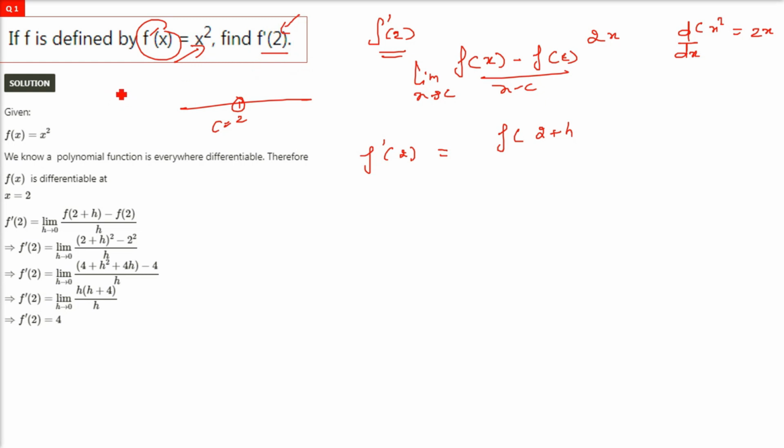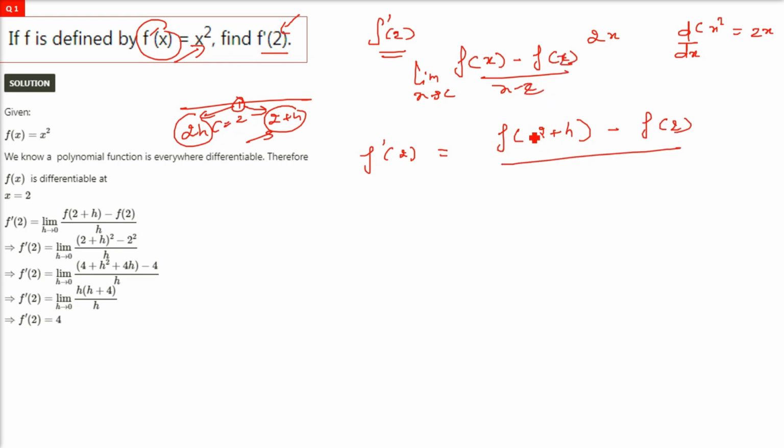So 2 minus h we would put, 2 plus h we would put, similar to the continuity theory, which we have already discussed in detail.